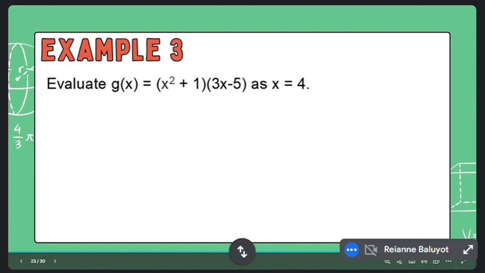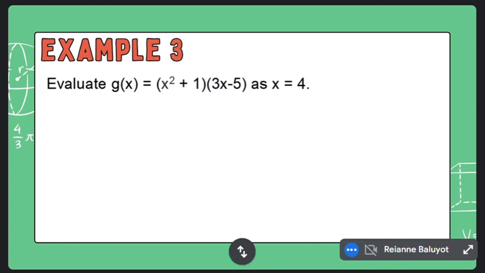Okay, let's have another example for us to fully understand it. Evaluate g of x is equal to the quantity x squared plus 1 multiplied by the quantity 3x minus 5, as x is equal to 4.